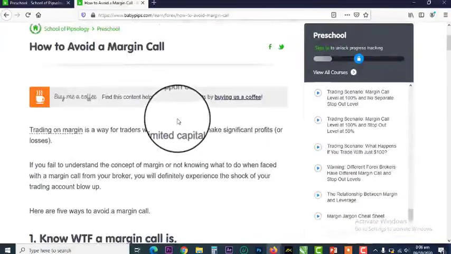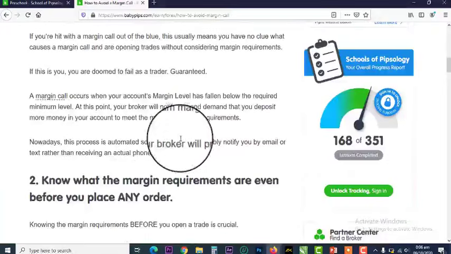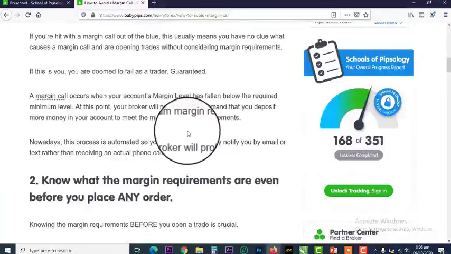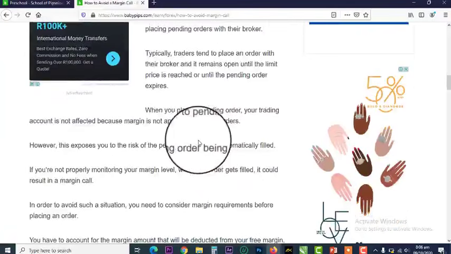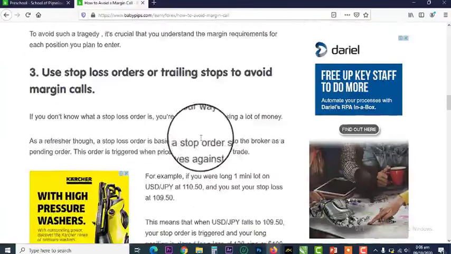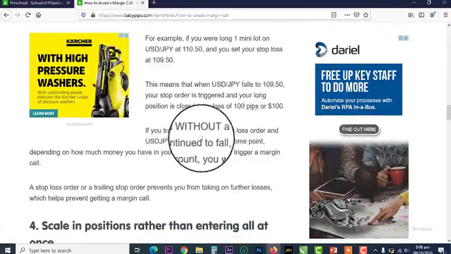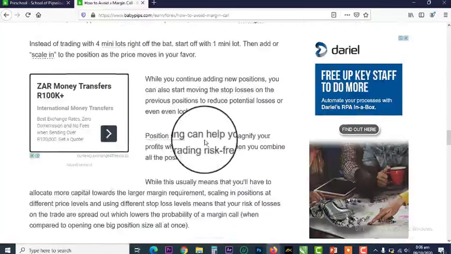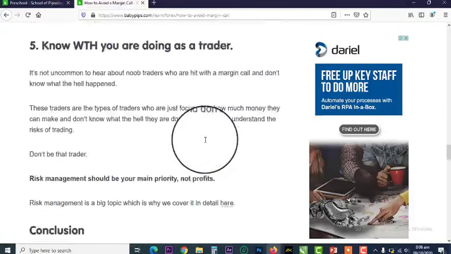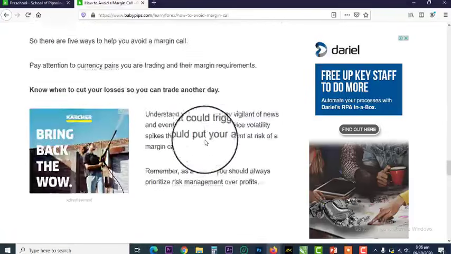Because if the trade goes against you, say 100 pips, that will be like $1 or $2. And will you be disturbed if you lose $1 or $2 from your $200 account? No. You'll not be disturbed because you have $198 left in your account. Your account is pretty much very good. Your broker is not going to call you.